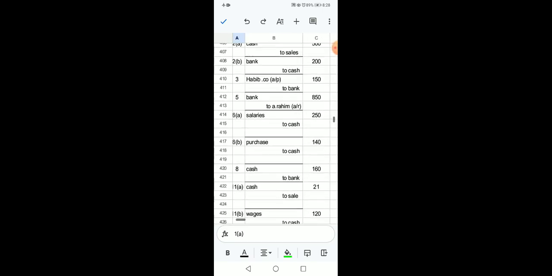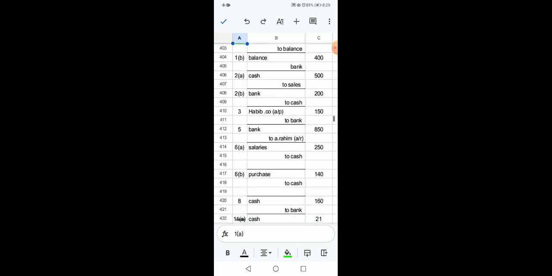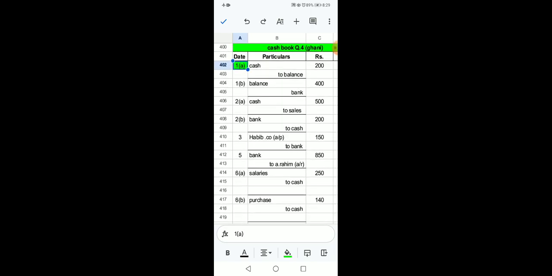When there are so many entries, you can skip one entry. When you mark it, it means we are satisfied that the entry has been posted into the ledger. It means it has not been skipped. So if you mark, then both fears, of skipping and of doubling the entry, will be minimized. So I suggest that whenever you are doing a cash book in your exams, whenever you complete your posting, write down anything.